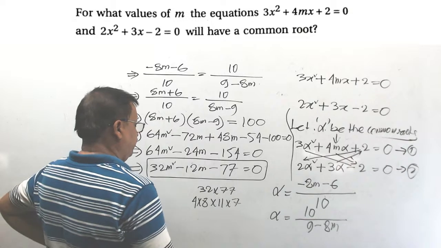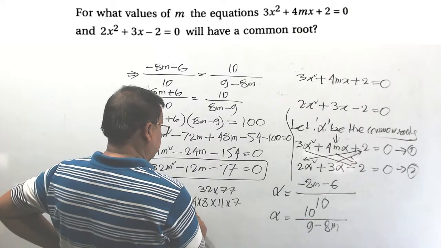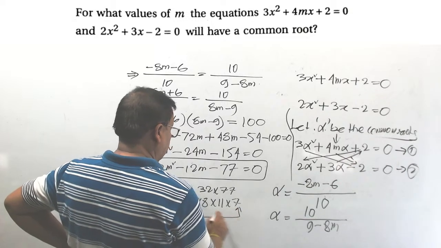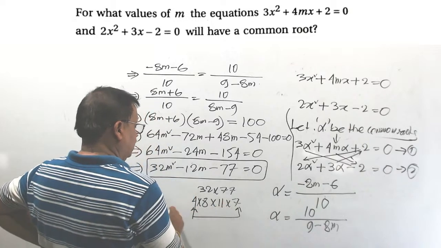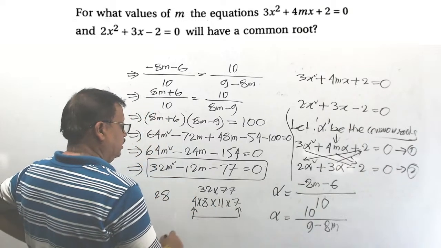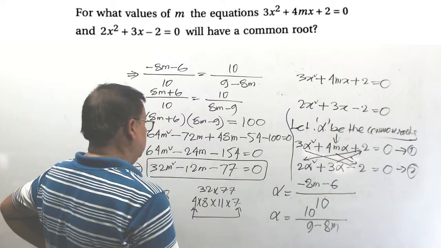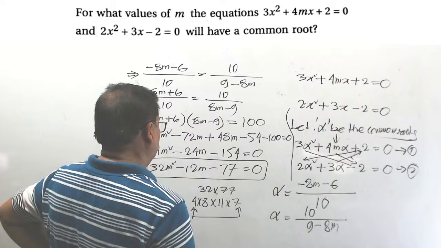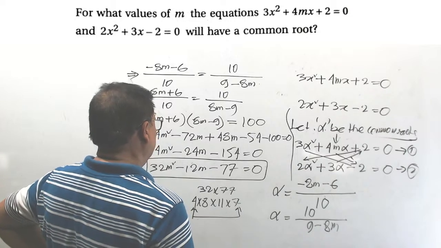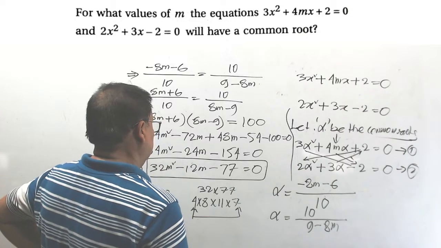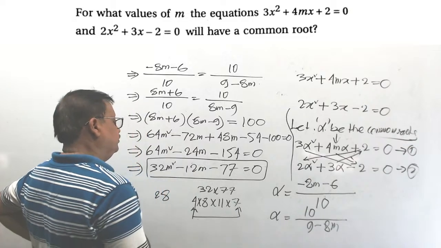See, 4 sevens are 28, 8 elevens are 88. No, it will not happen.